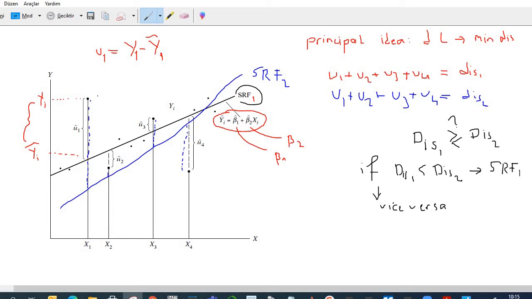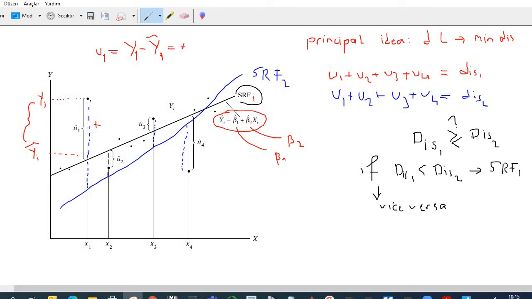But in this case, for example, when we look at the U1, U2, U3 and U4, most probably this will be positive. Let us make them in red. This will be a positive distance because when we subtract Y1 hat from Y1, we will obtain a positive distance.